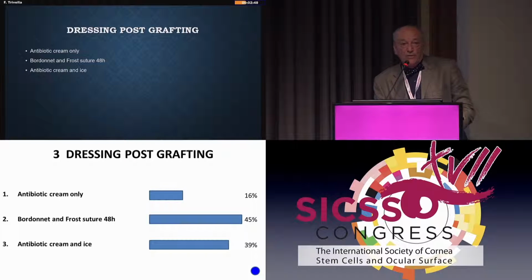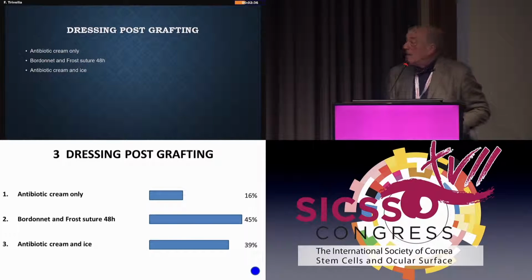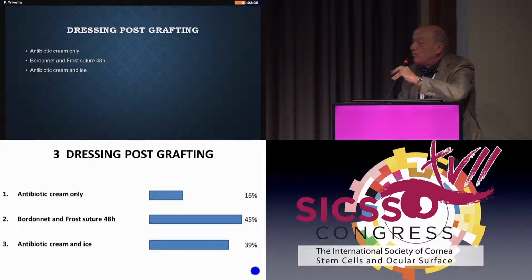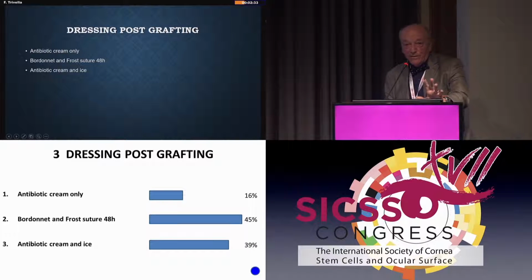And then ice, certainly not, because ice causes vasoconstriction. We have a graft and we need capillaries and vessels and vascularization. So with ice, we would damage it all. So I would say that in terms of outcome, this is quite good.